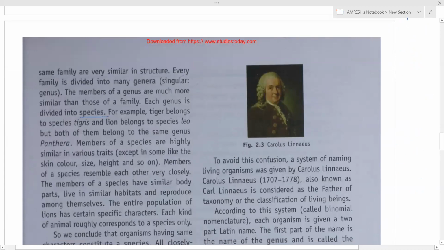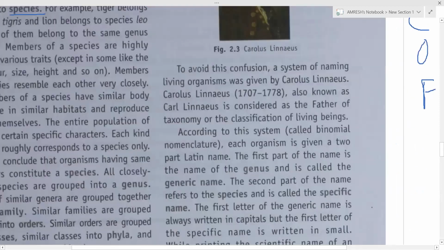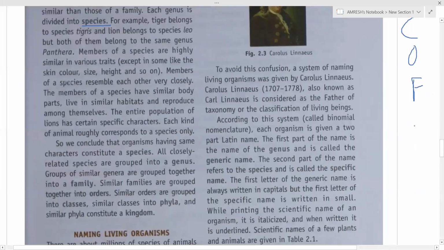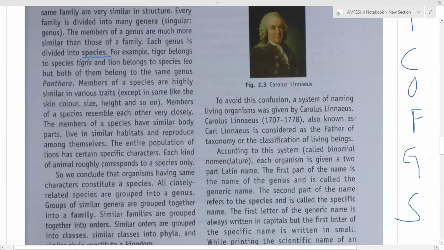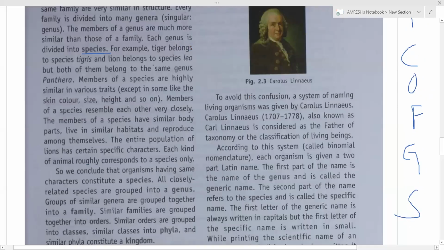Again, I am telling: kingdom, phylum, class, order, family, genus, species. For example, tiger belongs to species tigris.